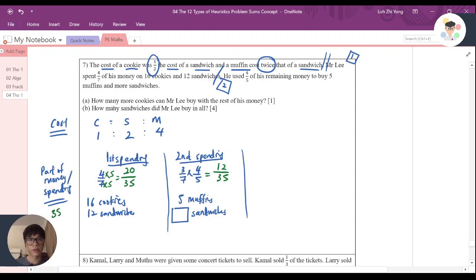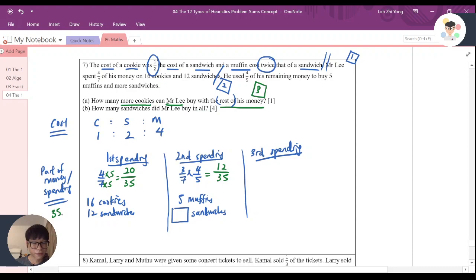Okay. Now, if you look carefully at the next part (a) here, he says, how many more cookies can Mr. Lee buy with the rest of his money? Now, there's a third spending here. Let me just write down here. There's a third spending here. And this third spending is talking about the rest of the money.